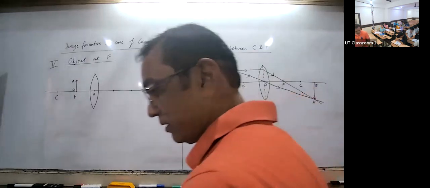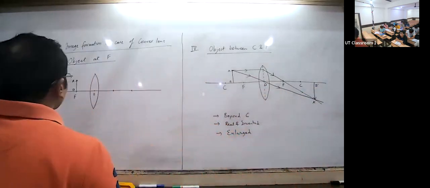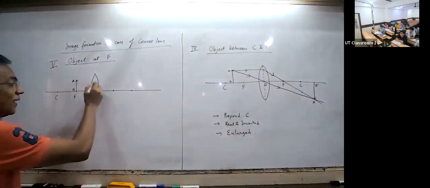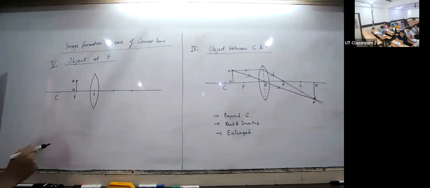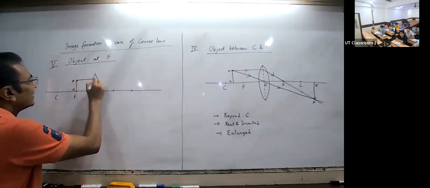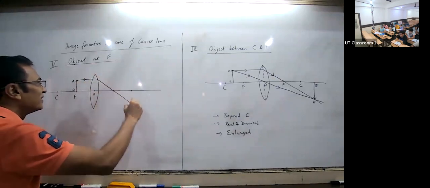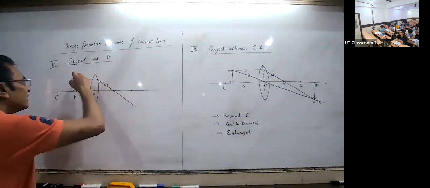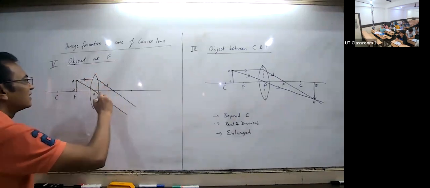I'll also draw it. How did your ray travel back? Is it a transparent medium or a reflecting medium? Transparent. So how will it come back? Then we go ahead, right? Then like this.